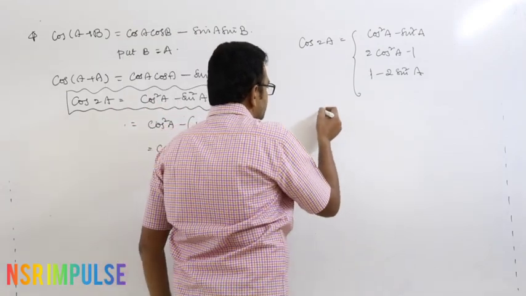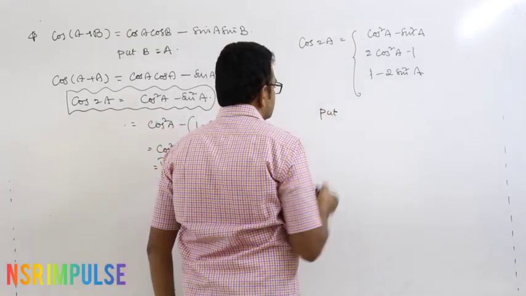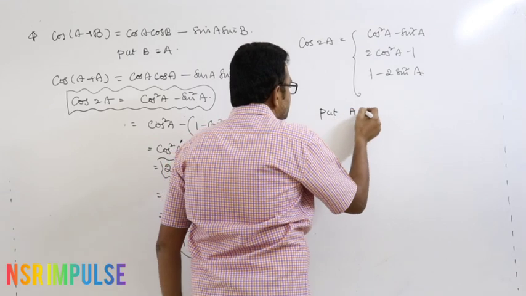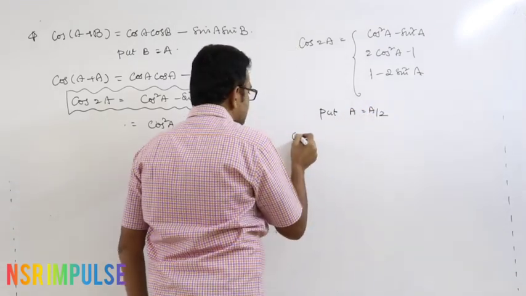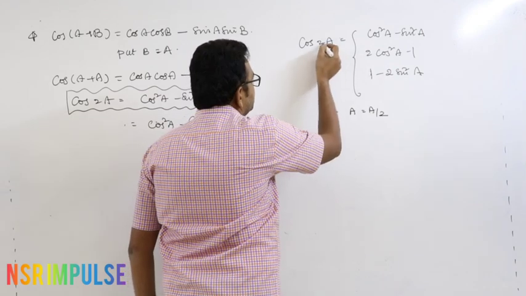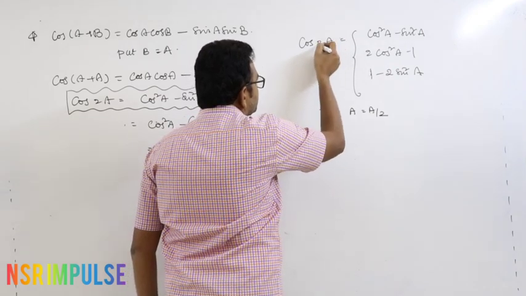In this one, put a equal to a by 2. Then this is cos of 2 into a by 2, 2 gets cancelled.